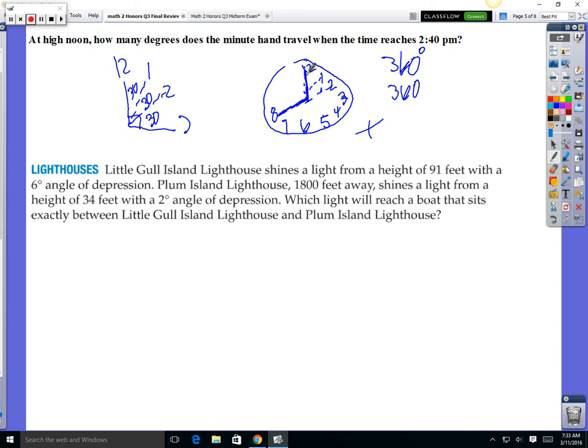If I go to the 6, that's 180. And then I got to go to the 8, so that's a 30 and a 30. So 360 plus 360, 720 plus 180 plus 60, 960. Should be 960 degrees. Okay. Man, I'm running out of time.